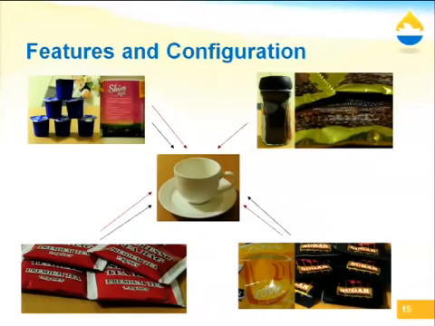And if the recipe changes because somebody experiments and finds a specific kind of milk that they need to put in while making the teh tarik, they can basically change the recipe, and then that recipe will be distributed around the cafes. So, any questions on this?